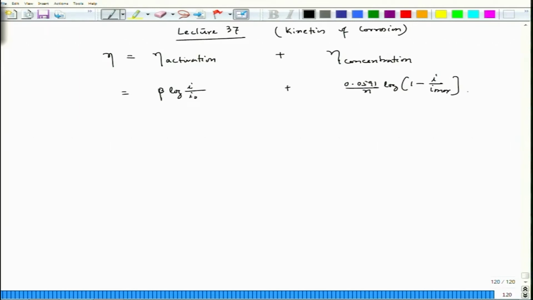In different books, I_max is sometimes written as I_L, which is nothing but the limiting current density.